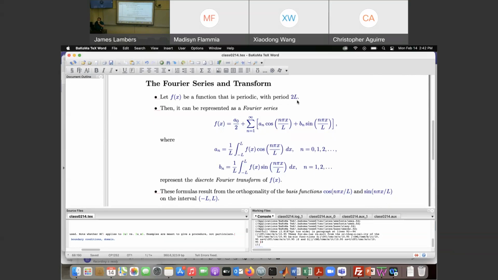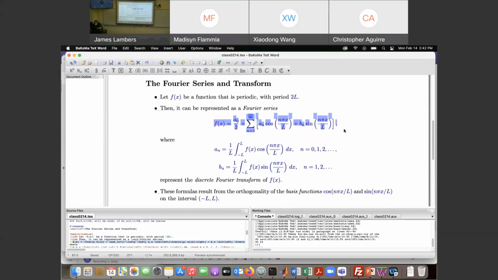A function of period 2L can be represented by this Fourier series. We have a constant term, a0 over 2, the whole fraction, which would be equal to the average value of f during its period.